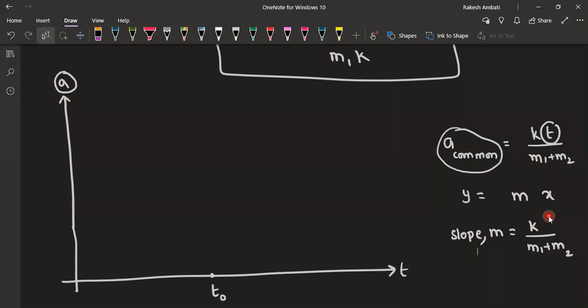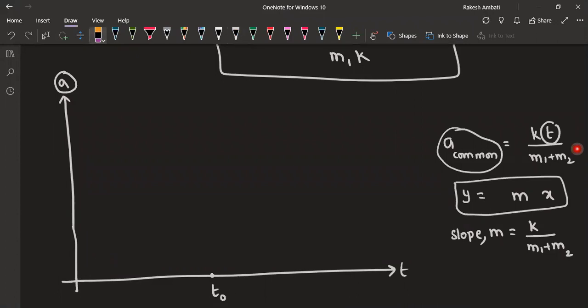Don't you know till now the equation of straight lines? y equal to mx passes through the origin, and y equal to mx plus c does not pass through the origin. You are JEE students and still don't know straight line equations. So y equal to mx means the graph is a straight line which passes through the origin.